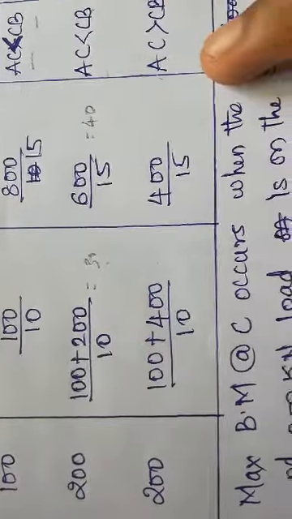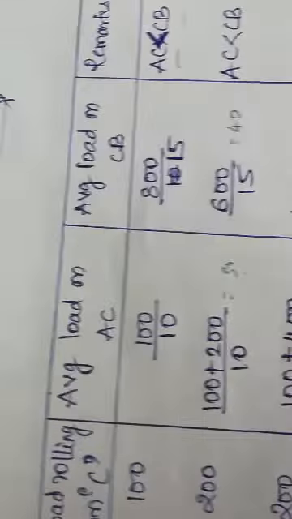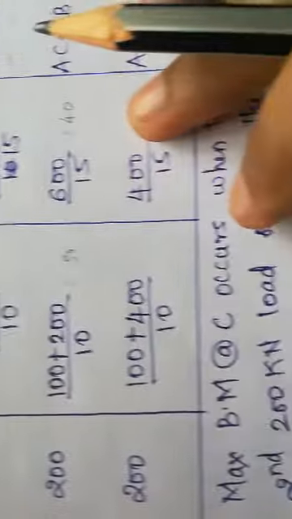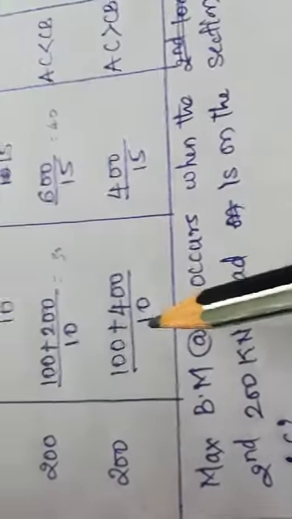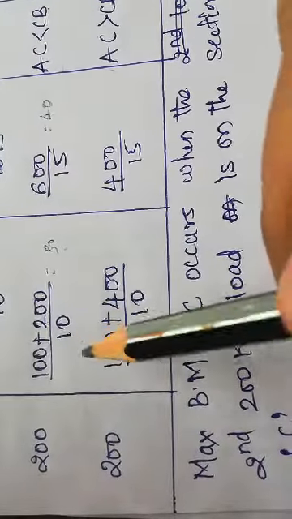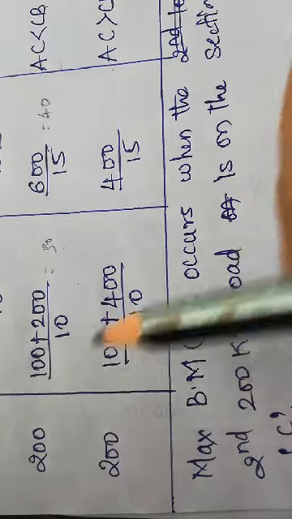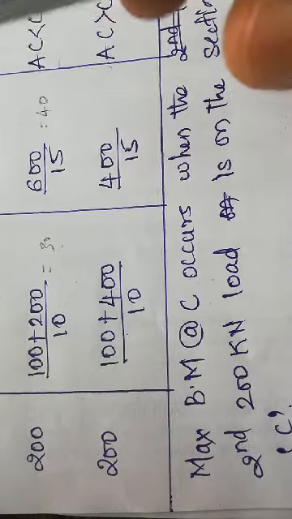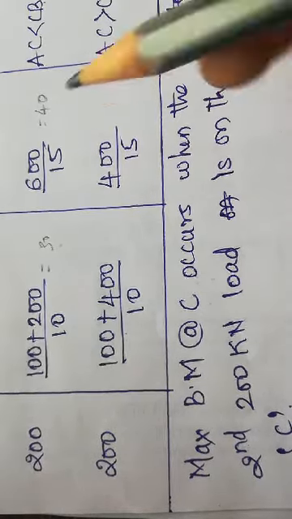So next, let us allow the second 200 kilonewton load to pass C point. So here you will be having 100 and 200 kilonewtons, and at the right hand side you will be having 200 kilonewton loads.